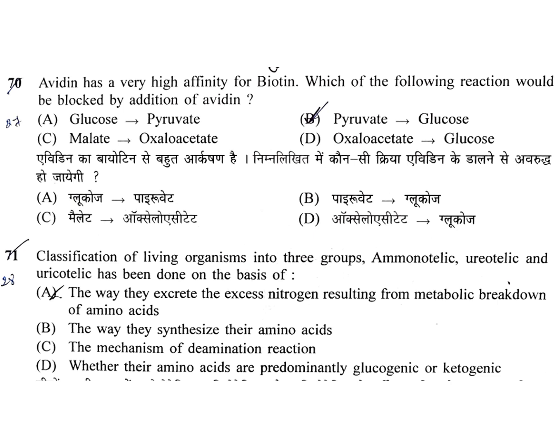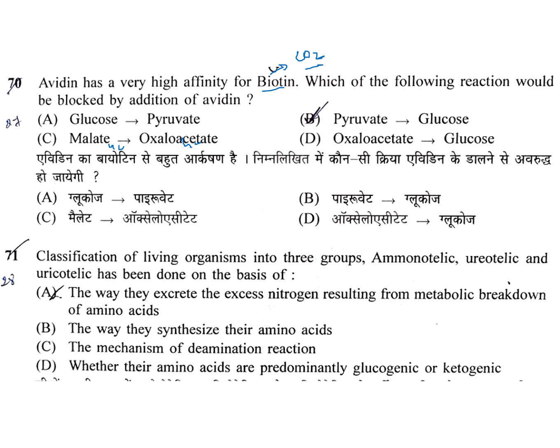Now, avidin has a very high affinity for biotin. Which of the following reactions would be blocked by the addition of avidin? Biotin acts as a cofactor for many reactions, specifically those where there is an addition of a CO2 molecule or one carbon unit. Glucose to pyruvate has no carbon dioxide addition. Malate to oxaloacetate is also a 4 carbon molecule.